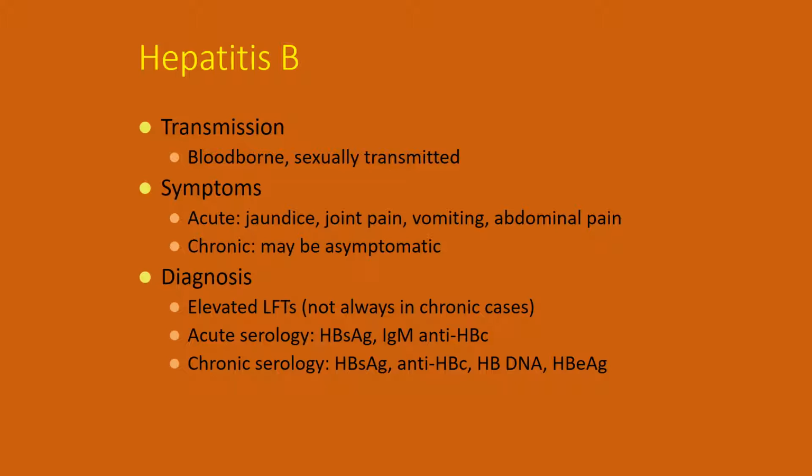Chronic serology would be the surface antigen, and that infers continued infection risk. So if someone has surface antigen positive, they can pass the virus to someone else, as well as the other testing that can be done for chronic infection.